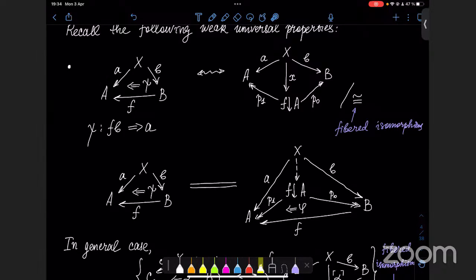If you have this 2-cell, then you can factorize it through the standard natural 2-cell phi, and you will have this map, and this map is X. This X fits into this diagram.